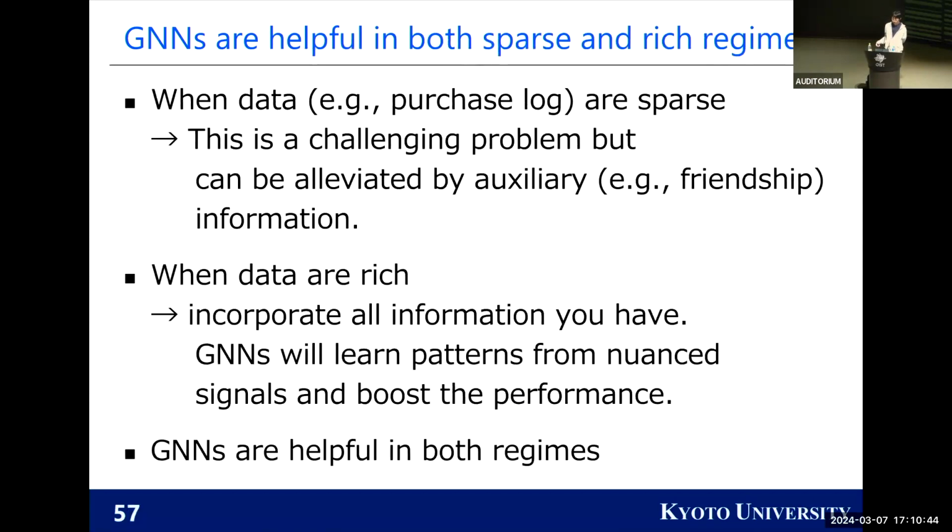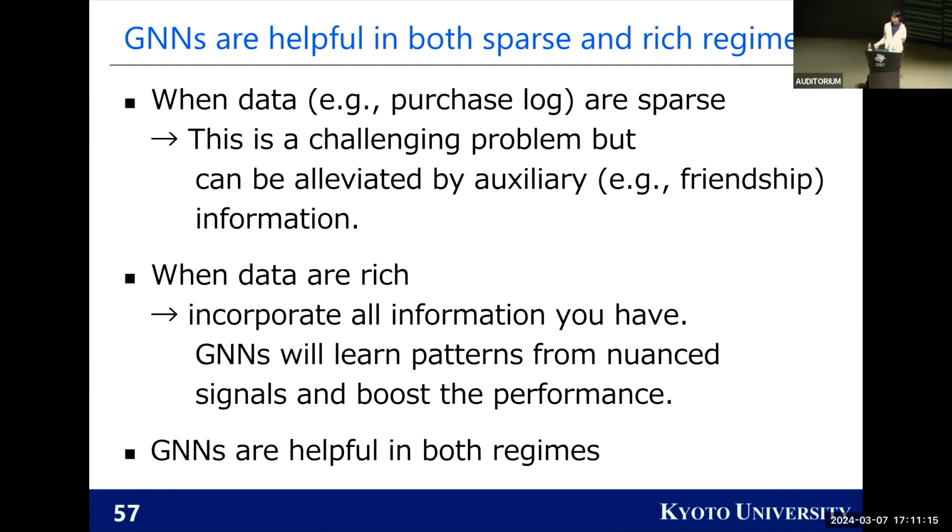So we have two patterns. When the data are sparse, like the cold start problem in the previous example, this is a very challenging problem. For example, if the target user has never seen any movie, then it is difficult or impossible to make effective recommendations. But this problem can be alleviated by using auxiliary information like friendship relations, as we saw before.